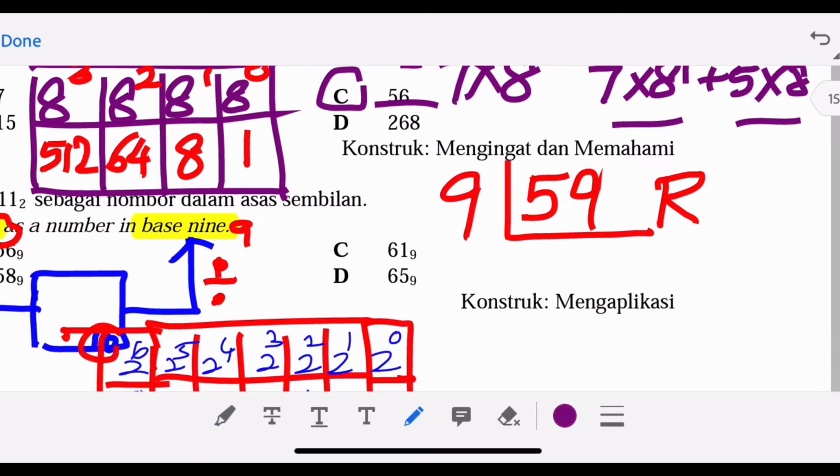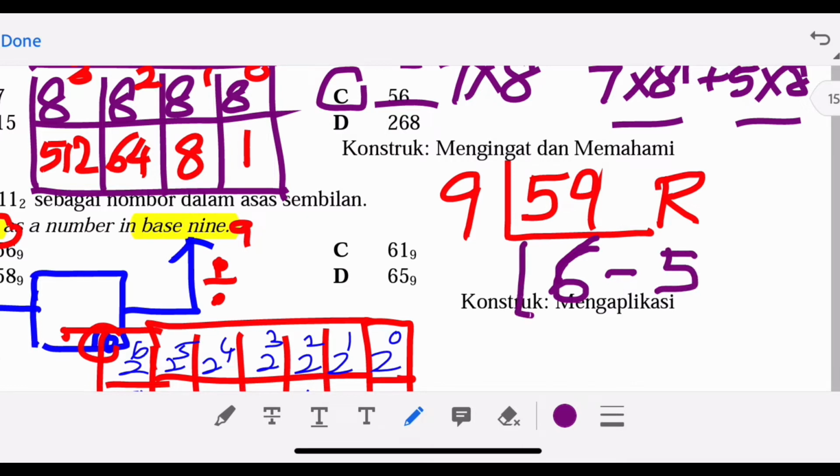9 times 6 is 54, right? So the remainder is 5, right? 59 minus 54.